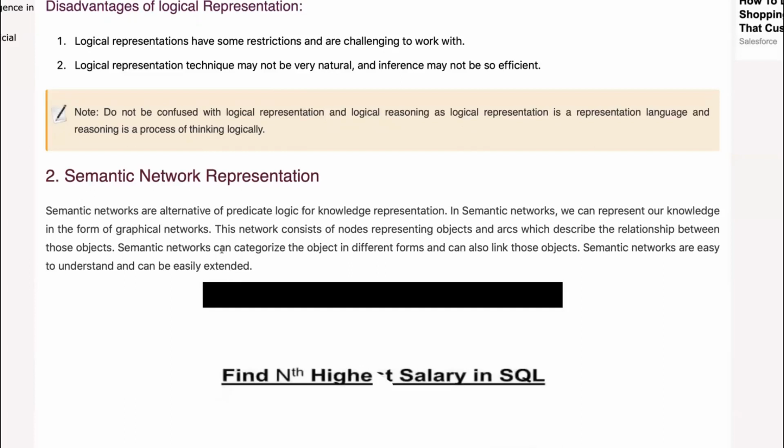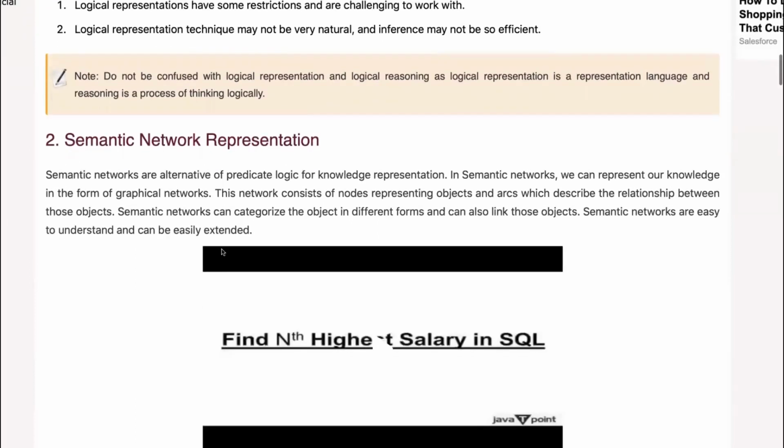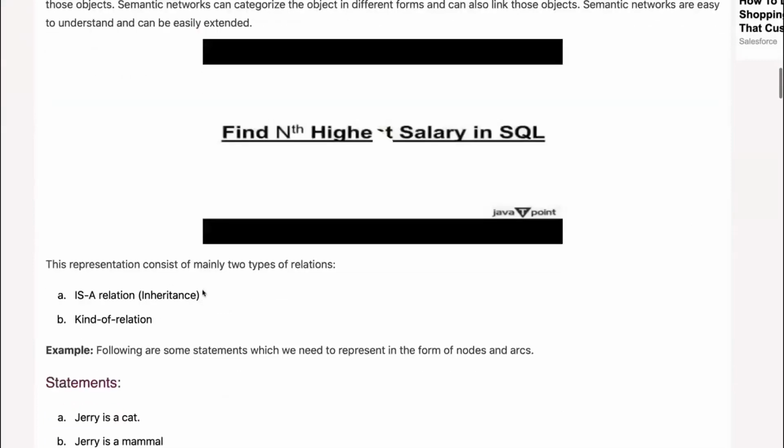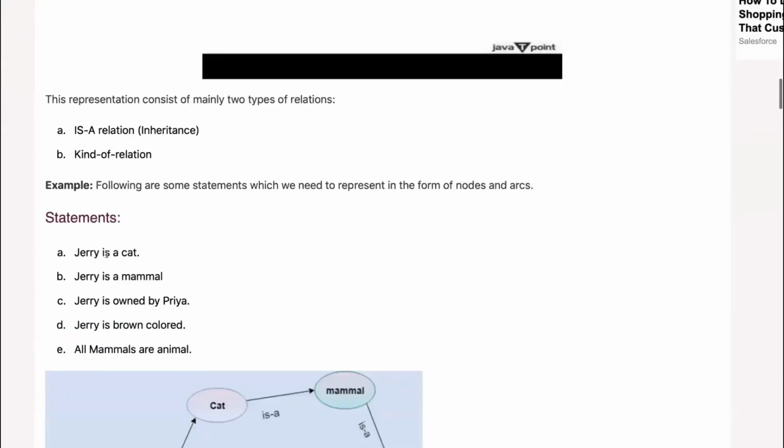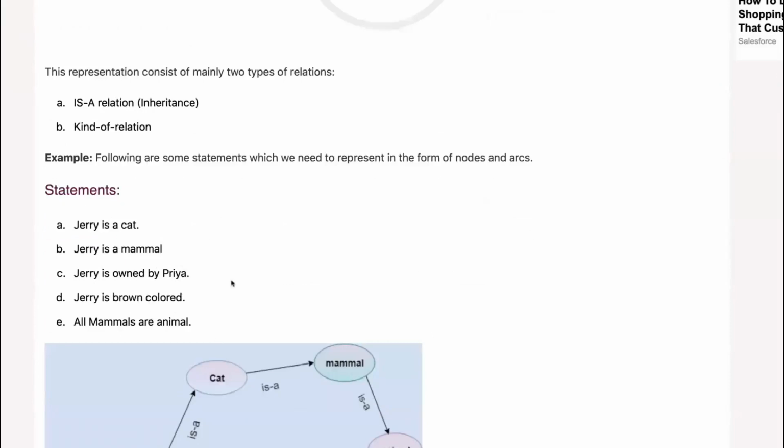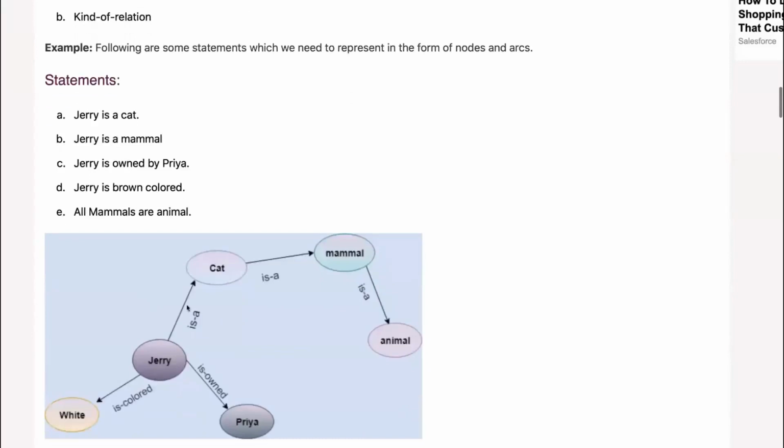So we have an example here. Again, you have two types, but we don't have time to discuss that. This one is the objects in the form of a sentence, and then you put it in a graph. These are the nodes and the arcs, a straight line but can be curved.